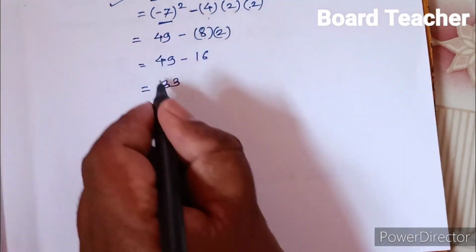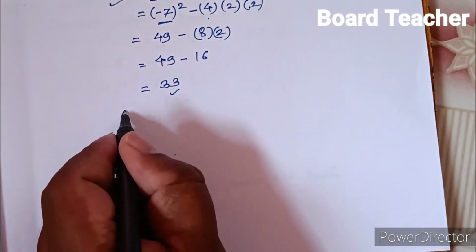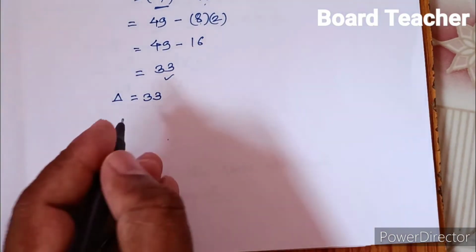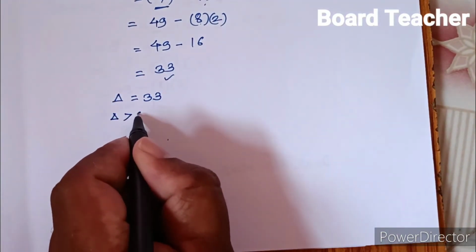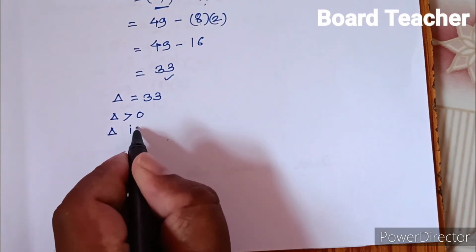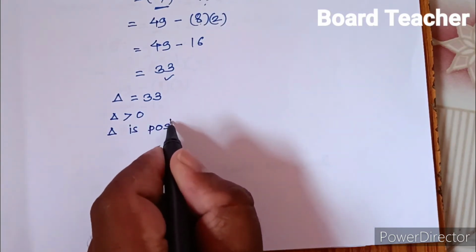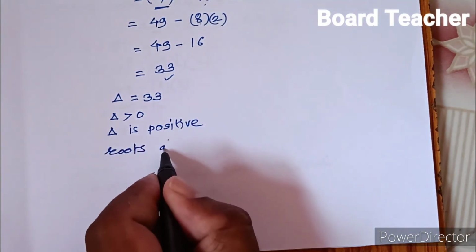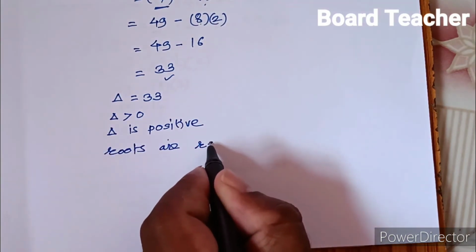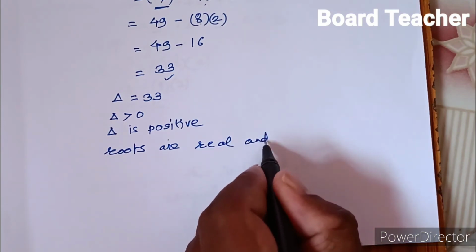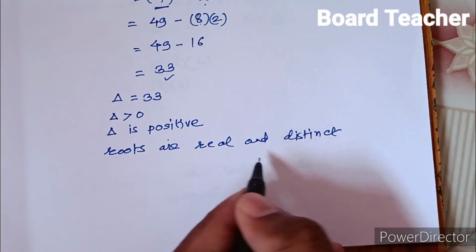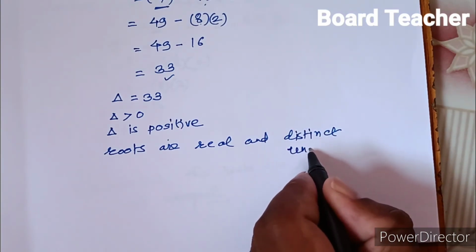Here we get delta equals 33, which means delta is greater than 0, delta is positive. If the delta is positive, then the roots are real and distinct, or we call it unequal.